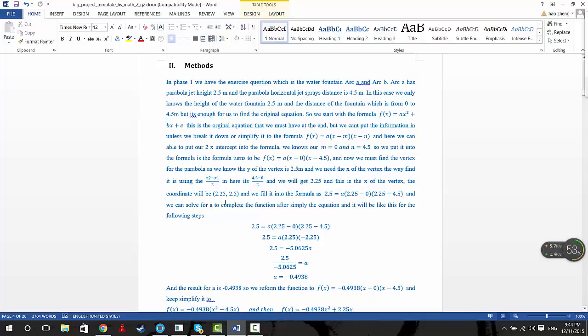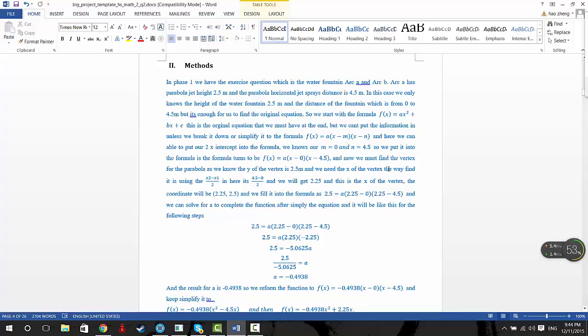How we're going to find it is using this formula: x2 minus x1 divided by 2. So here it's 4.5 minus 0, divided by 2, and we get 2.25. This is the x coordinate of the vertex.